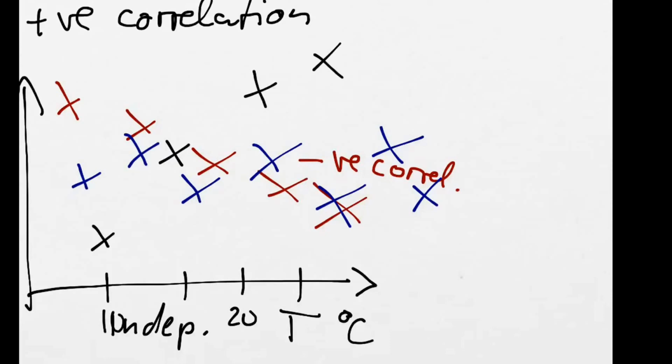So we have here zero correlation of the gummy bears. So, just to summarize that, we have either a positive correlation when the line goes up.